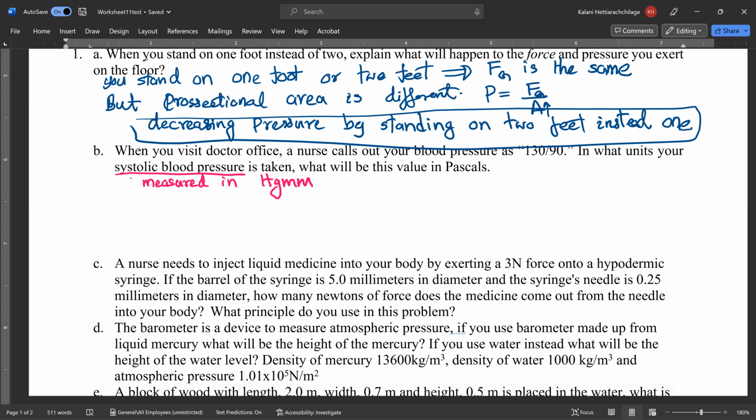So how do you convert into Pascal? You should know the conversion factor, right? The conversion factor is 1 millimeter of mercury is equal to 133.3 Pascal.